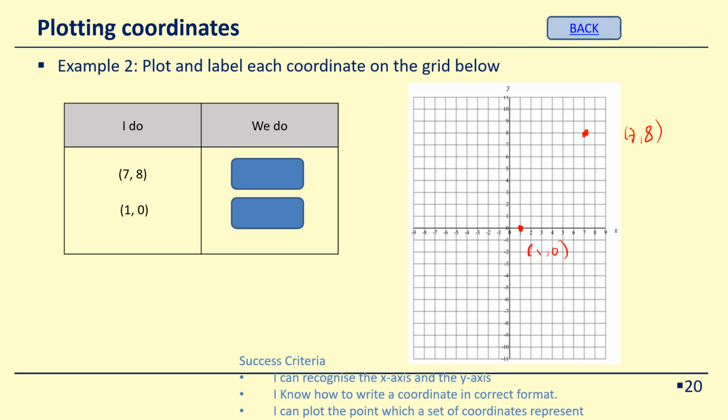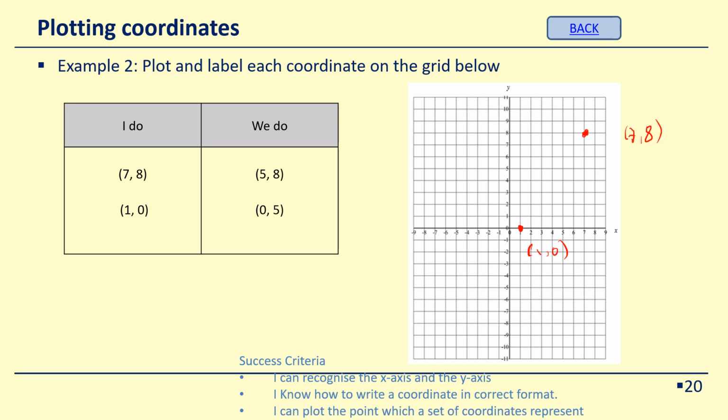Okay, so you do (5, 8) and (0, 5). Pause the video now while you think about it. If you haven't paused the video, pause it now. I'm going to tell you where it is now.